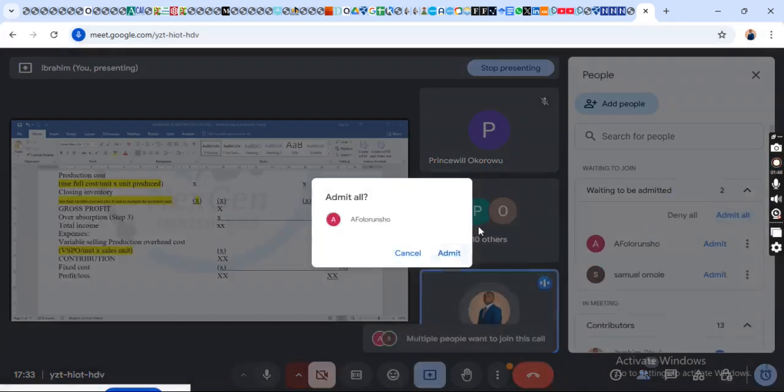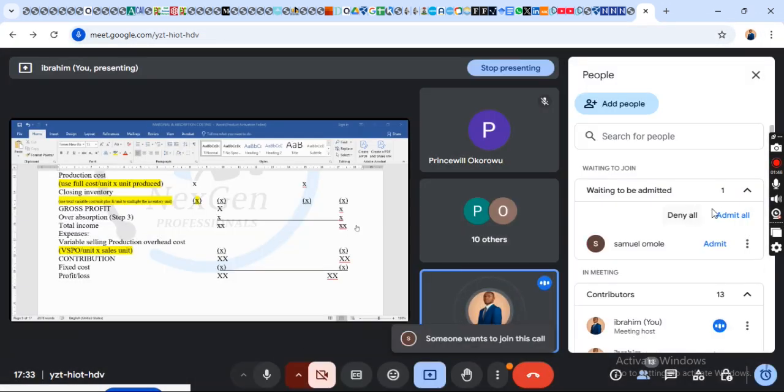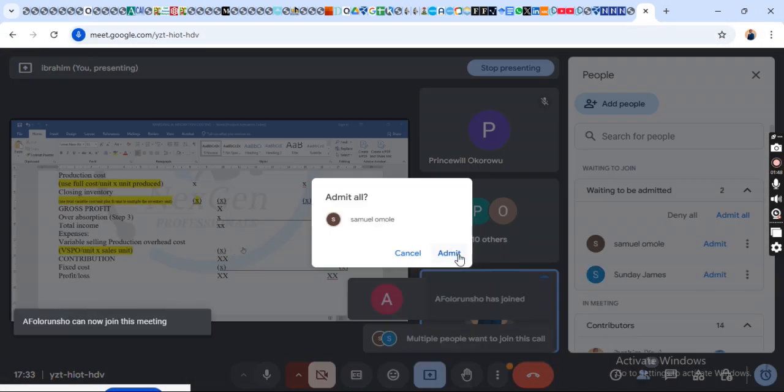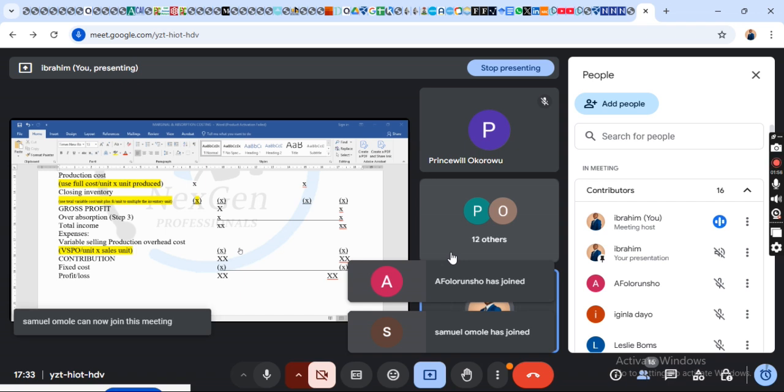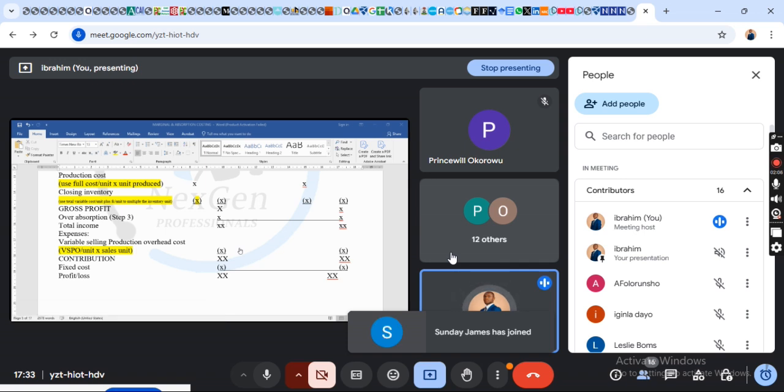Please don't go and charge it as full cost, because did you use it to produce? You don't use it to produce. You only use it when you want to make sales. Your variable selling production overhead will still remain the same: the unit cost times the sales in units.